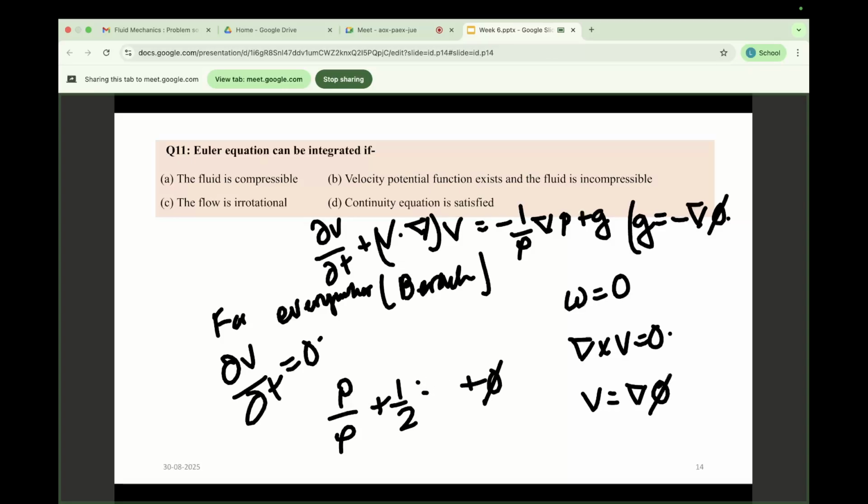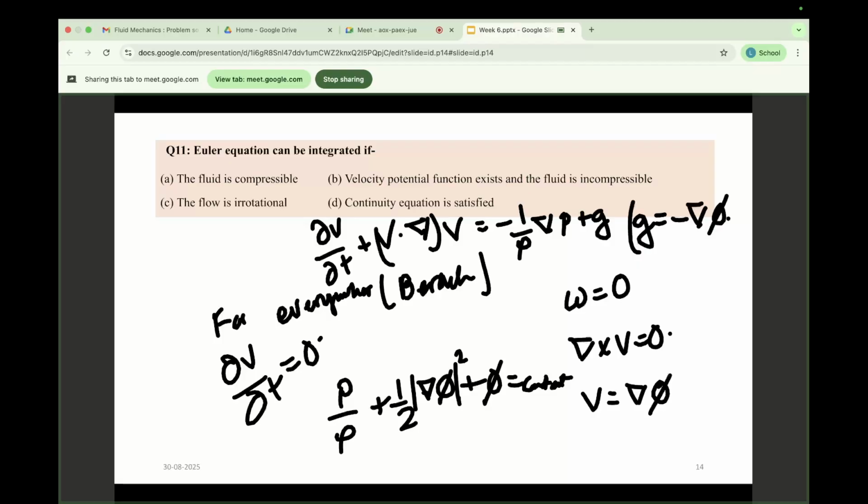Now in place of v square, I can write this, equal to constant.